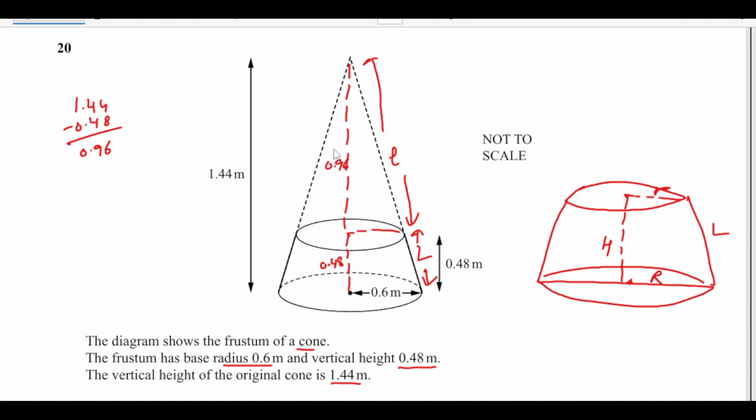So this is 0.96. So this one, let me write down this as O and O dash. So this we don't know yet, and this is 0.6.